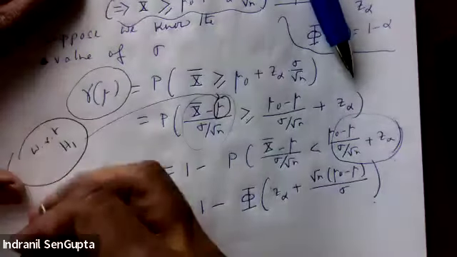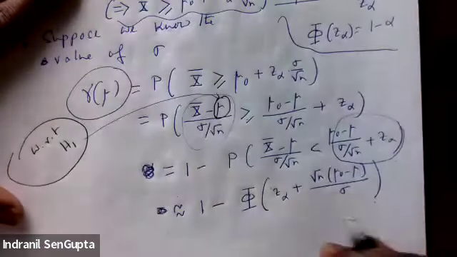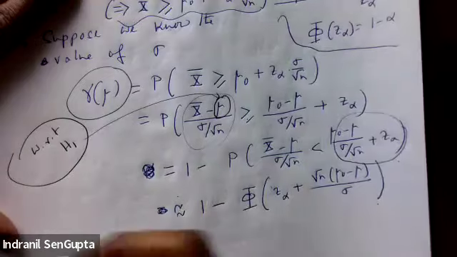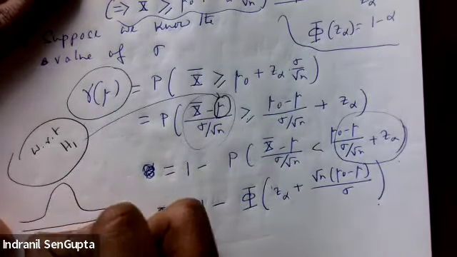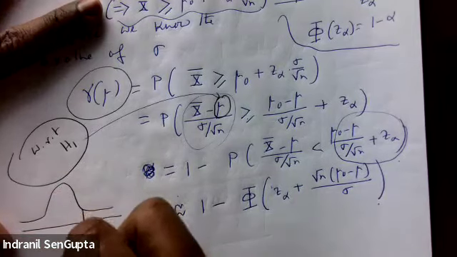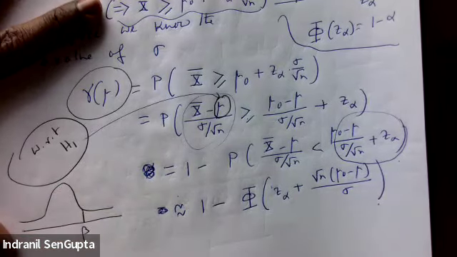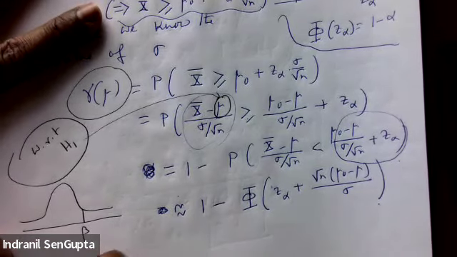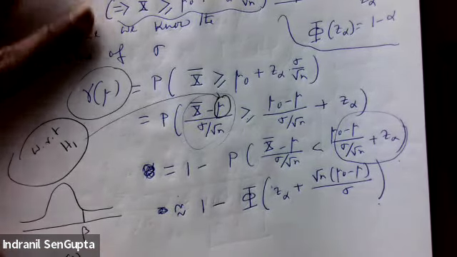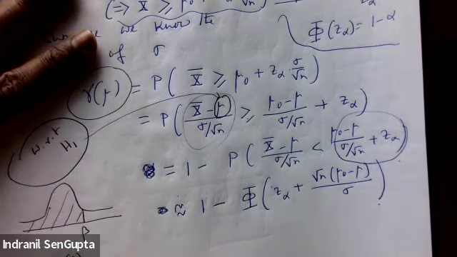Please note one more thing. This is from the normal distribution. If you have, say, beta, then 1 minus phi of beta means this area, right?